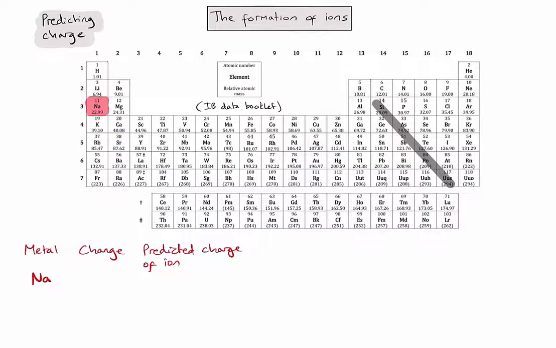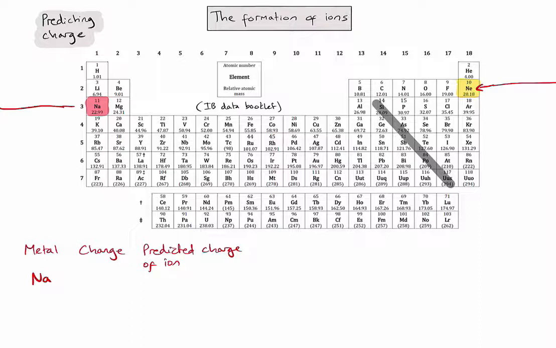Given that sodium is a metal, we know that it's probably going to lose electrons in order to form an ion. And to complete the octet rule, we therefore need to move backwards in the periodic table until we get to a noble gas or group 18 element. And because sodium is in group 1, if I take one step back, I move up to the second period, group 18, where I find neon.